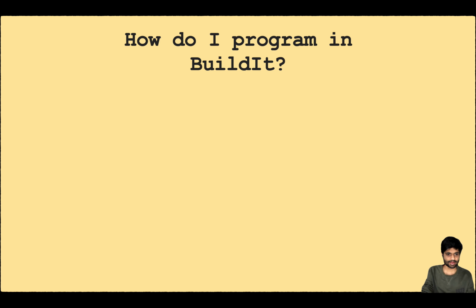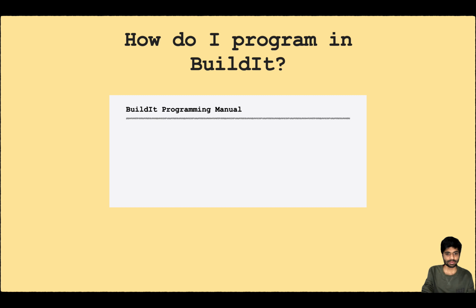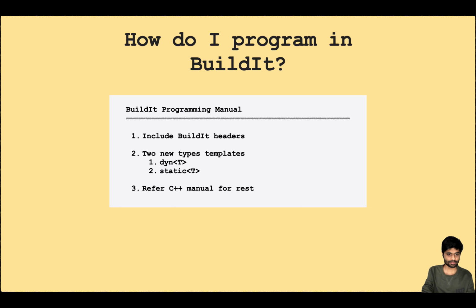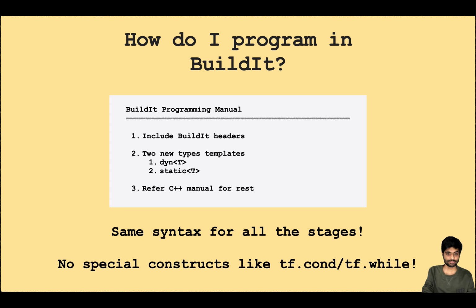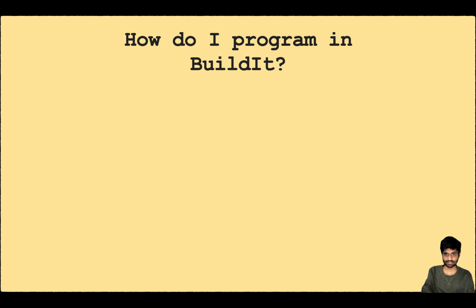Here I have an excerpt from the BuildIt programming manual, which says that we start by including the BuildIt headers. Then there are these two new templated types that we have to learn about. And the rest of the stuff is the same as plain old C++. What this means is that we use the same syntax for all the stages and don't require any specialized constructs like tf.conditional or tf.while.